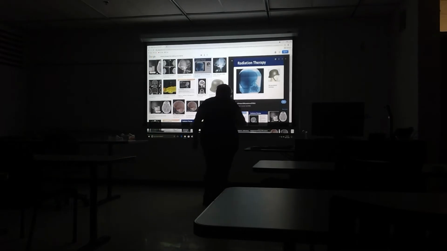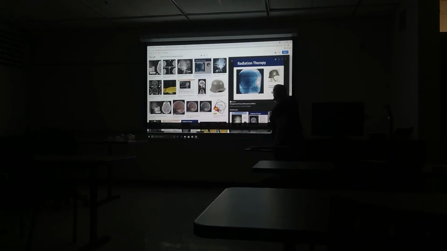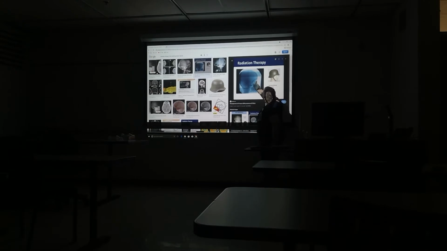So there's the gentleman helmet. This is what it's actually been called after. And here you have the whole brain, or the whole head, basically. And here's the eyes. So you're shielding the eyes, the mouth, and down here.